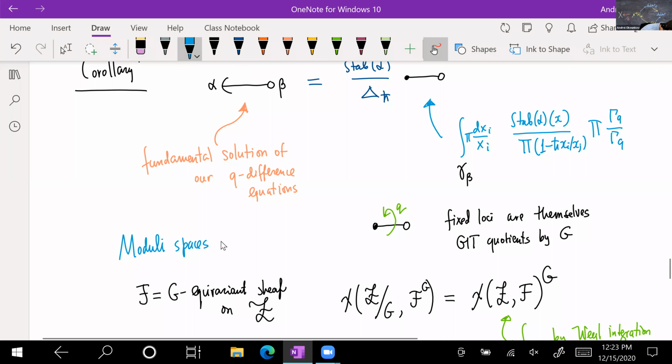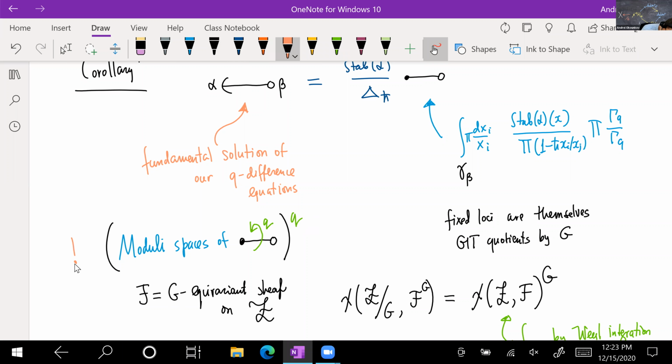Modular spaces of the subjects. So take this and take now the fixed locus of that. So this is maybe not a surprising point, but an important point.